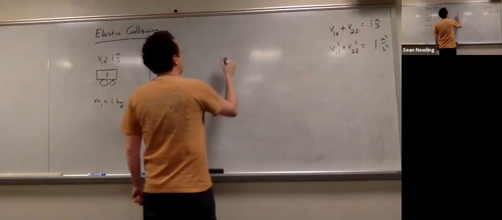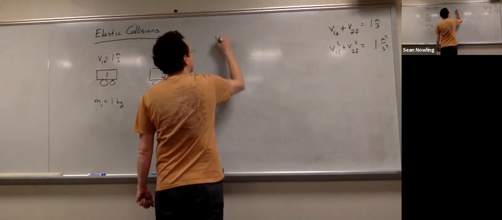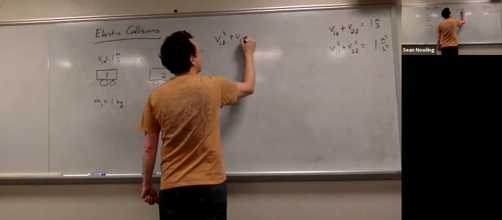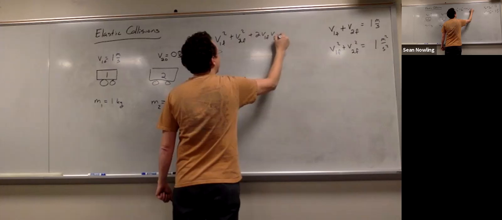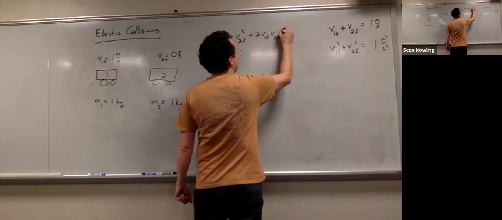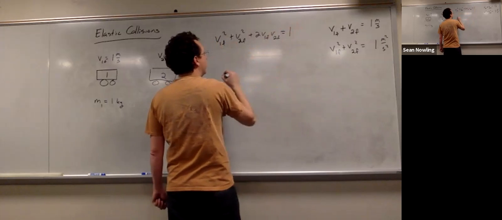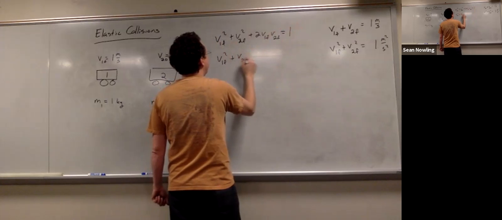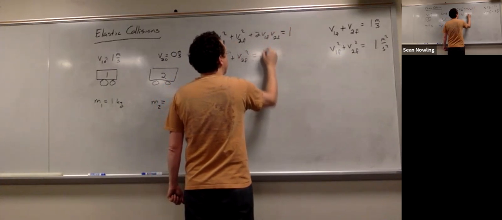So what we would learn is that V1 final squared plus V2 final squared plus 2 V1 final V2 final equals 1. But on the other hand, V1 final squared plus V2 final squared equals 1.